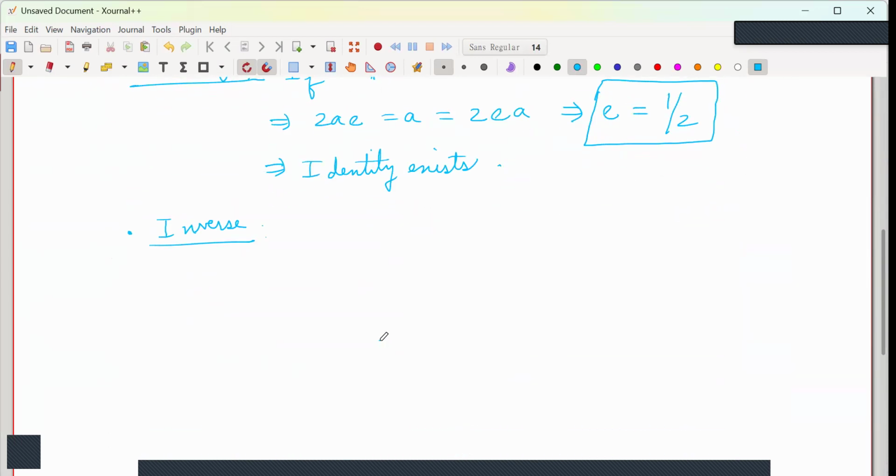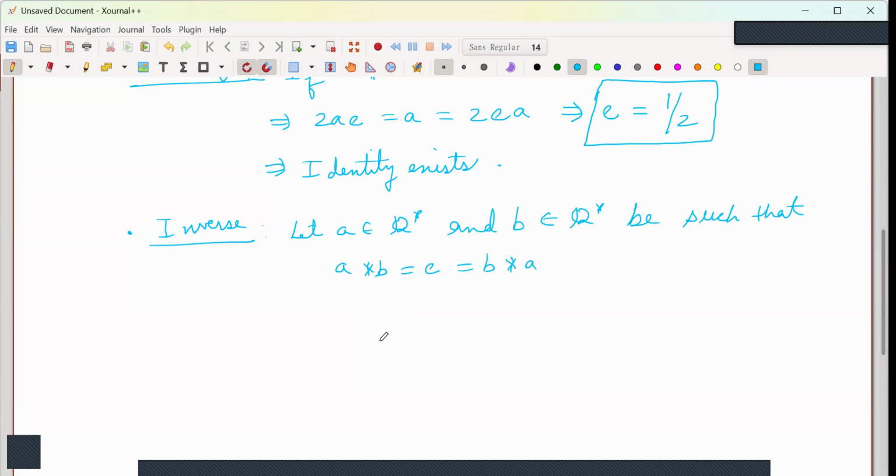So let A be inside this set, and B belongs to this set such that A star B is equal to the identity is equal to B star A. So that is what we require from an inverse.